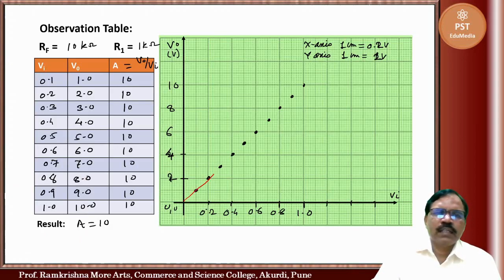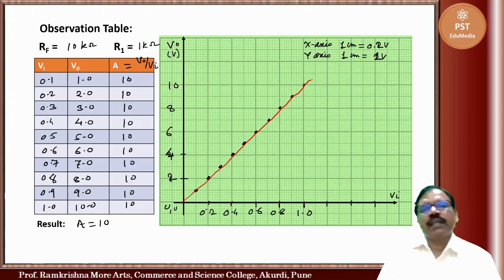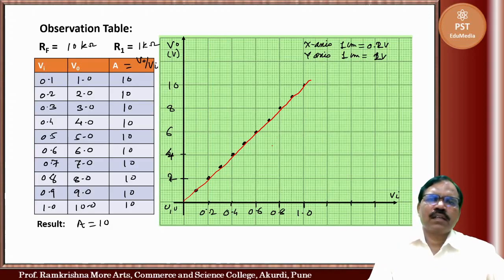Now join these points. So you will get a straight line. Now you can find the slope between these 2 points. Slope is equal to, this point is 0.8 comma 8, and this point is 0.3 comma 3.